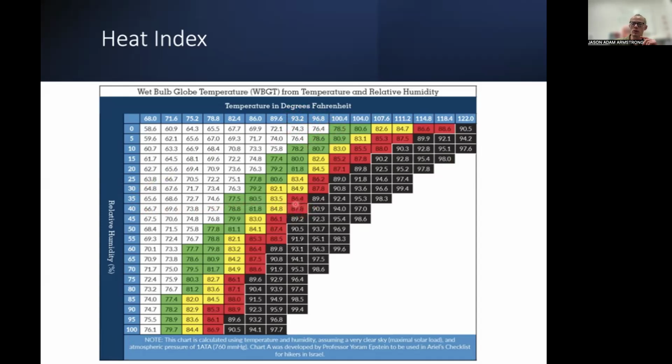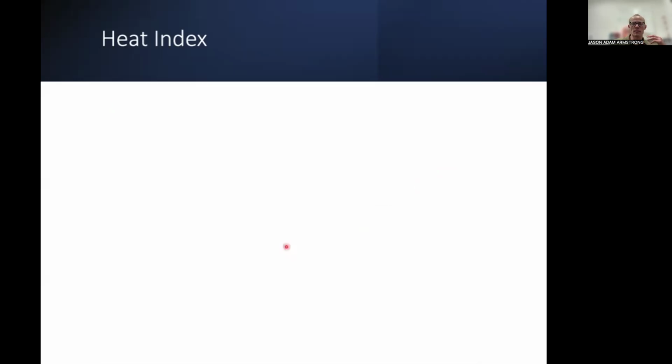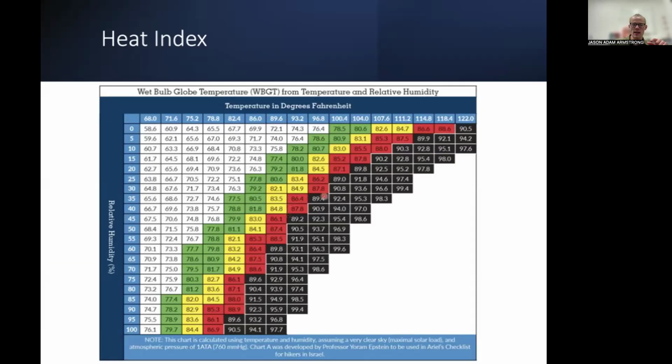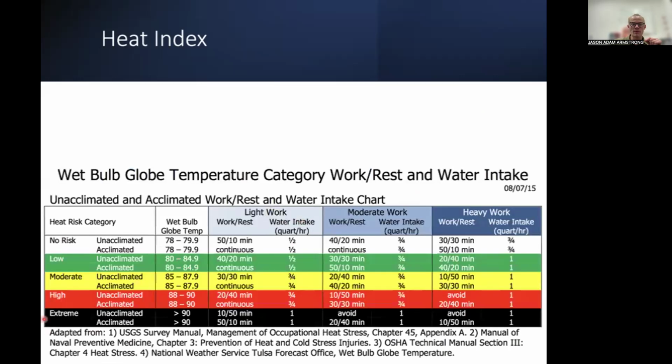So my wet bulb globe temperature here would be 87.8, although my ambient air temperature is 93.2, okay? We're in a dangerous spot here. So this figure correlates with this figure, right? If I'm in that 87.8, so that 93 degrees Fahrenheit and that 40% humidity, that's going to say that my heat risk category is high for unacclimated and acclimated individuals.